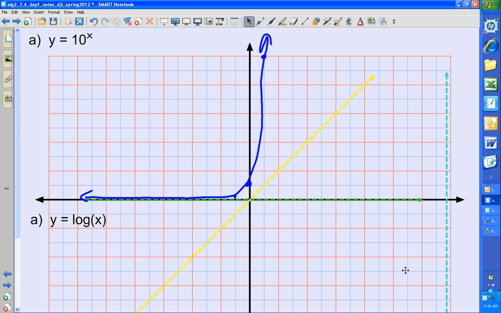So we should have a reflection in the line y equals x, which means that the point 1, 10 reflected in y equals x should become the point 10, 1. How do you find the inverse? So if the point is 1, 10, the inverse would be 10, 1.